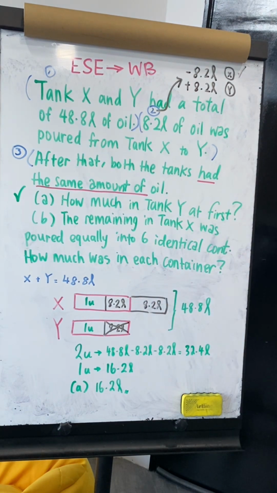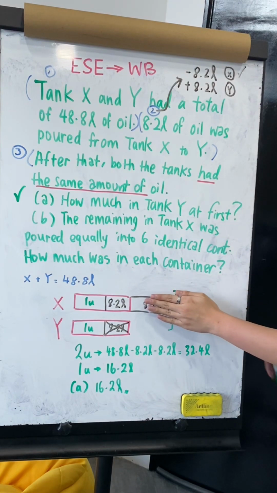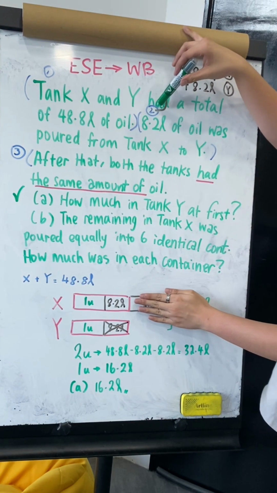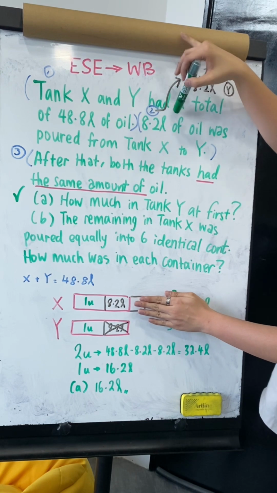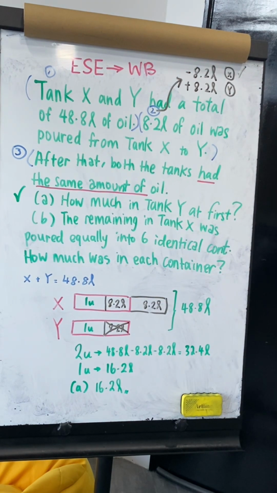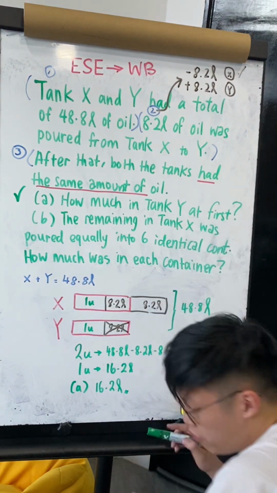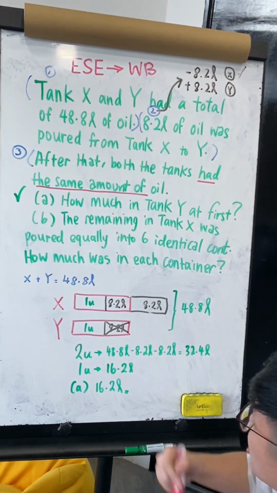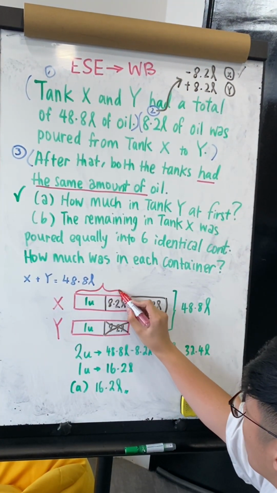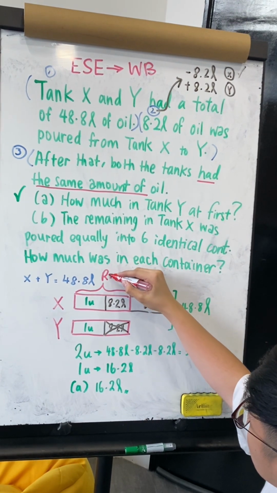Did you realize that? Because this was actually already what happened. Can you see in sentence number 2? Poured into Y. Do you agree so far? What is the remaining? The remaining is actually over here. This is the remaining.